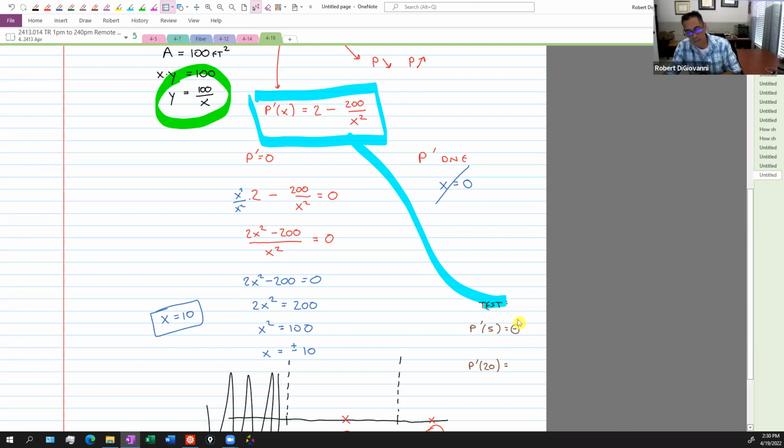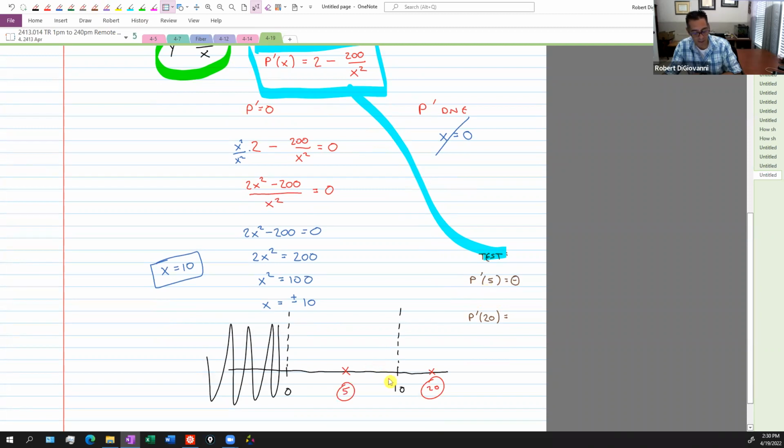What does that tell me about the P function to the left of 10? The P function is decreasing. P is going down here. That's very good to see. If it goes up on the other side, we got a minimum. In fact, we've got the only minimum because there's no other regions for us to look at.